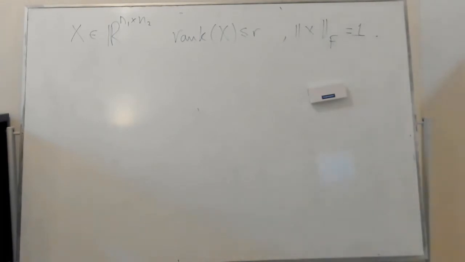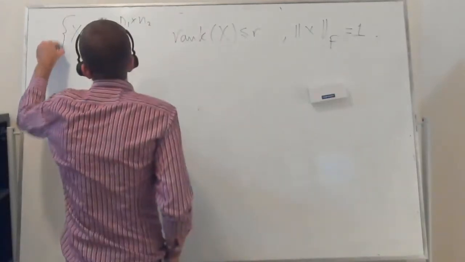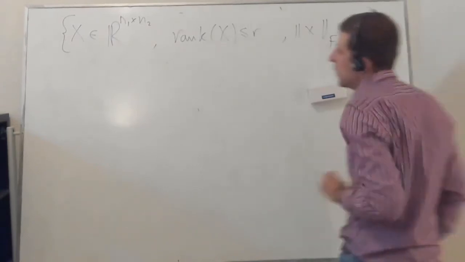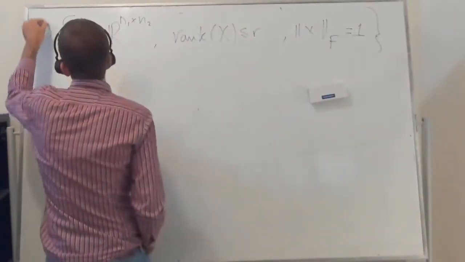And we're going to compute the Gaussian width of this set, the set of matrices X such that this holds.